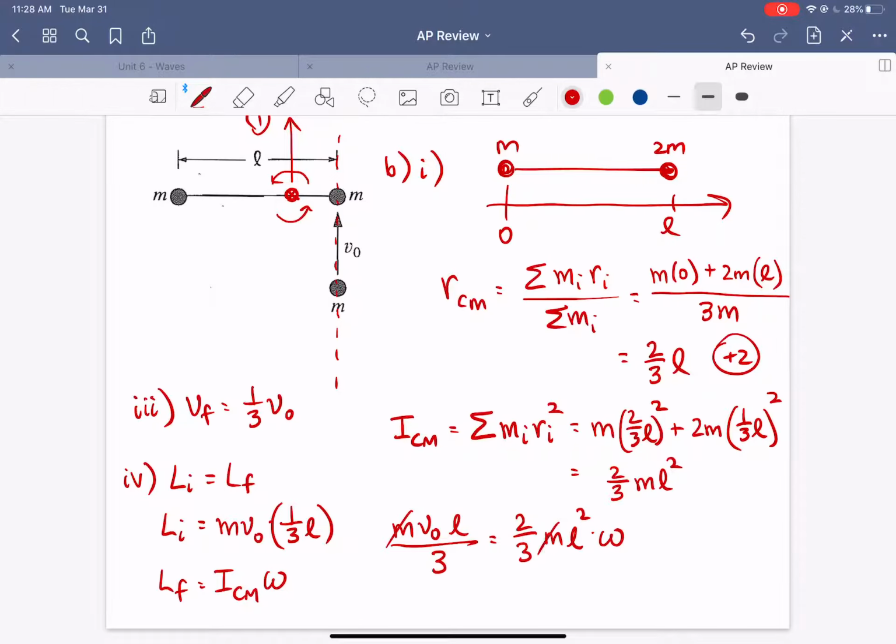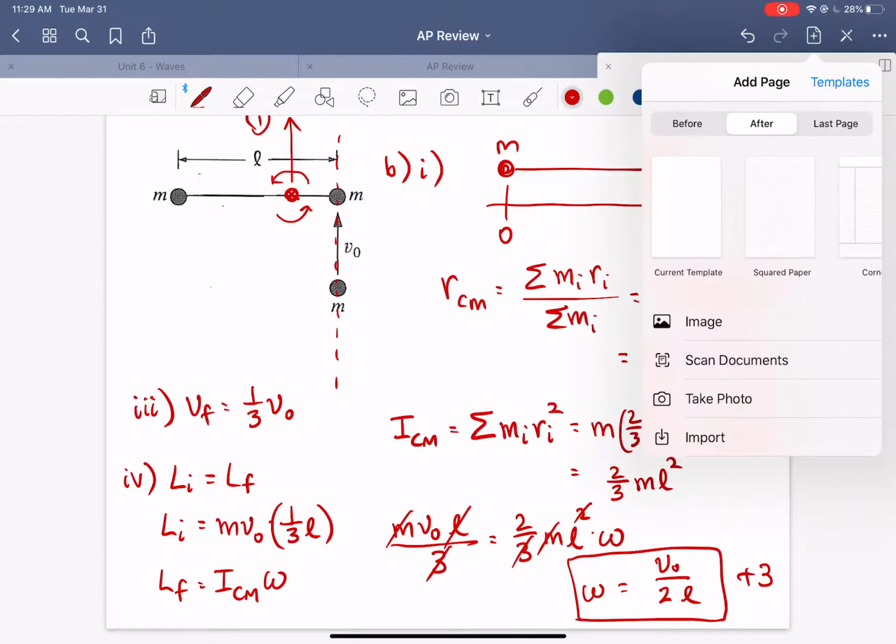And we can cancel m, we can cancel the 3 in the denominator, we can cancel 1 factor of L. So we get omega equals v naught over 2L. All right, so that whole section there was worth 3 points. And if you got all of that correctly, I would say kudos to you.